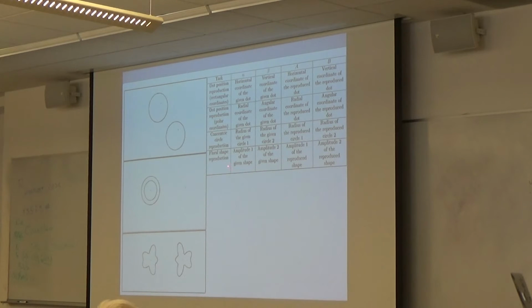And for the floral shape reproduction task, alpha and beta are amplitude 1 and amplitude 2 of a certain polar coordinate representation of the target shape.